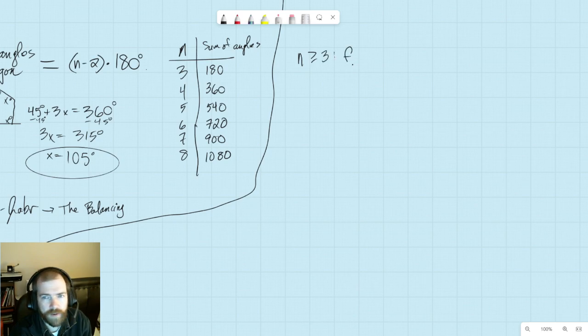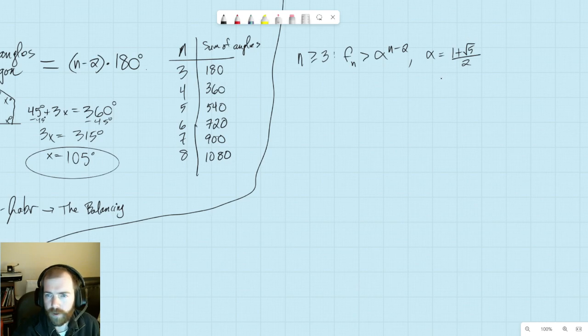We have f sub n is greater than alpha raised to the n minus 2, where alpha equals 1 plus the square root of 5 all over 2. We know that alpha squared is equal to alpha plus 1.